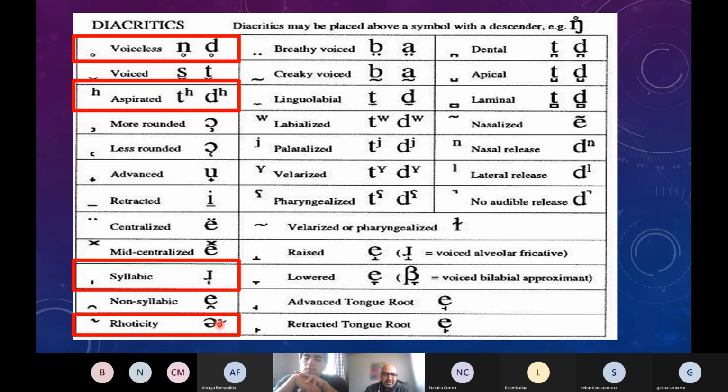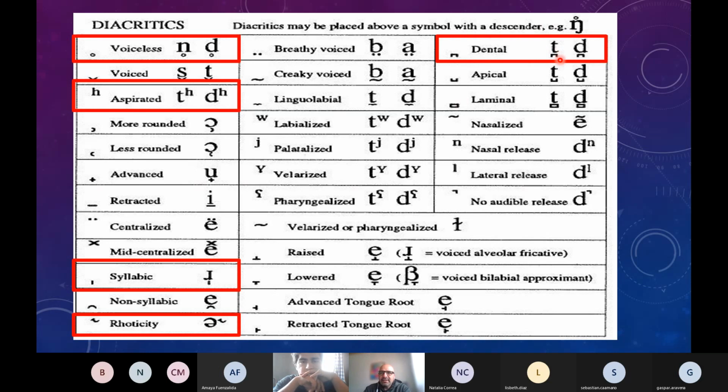Also, the concept of rhoticity that I was mentioning when we were analyzing Gaspar's task, right? Having, for example, in there, and representing this rhoticity in the end. After the schwa, this small sort of tail could represent that the speaker is using some rhoticity there.